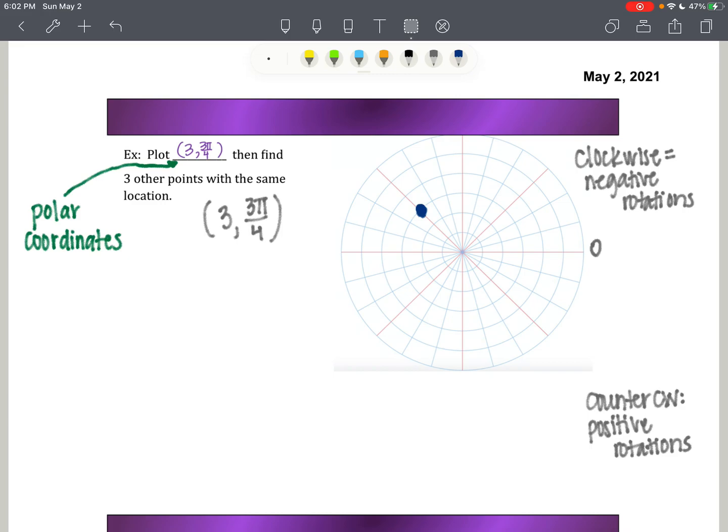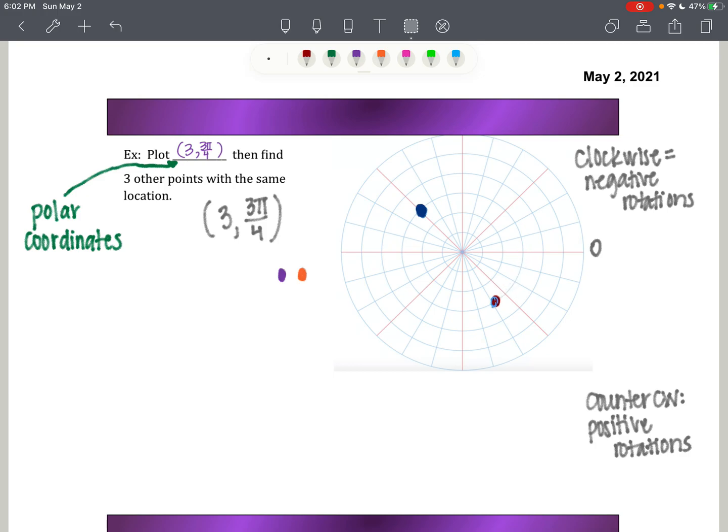Now there's other ways to get to that location. So I'm going to make a couple of different colors. Actually, we'll make 3 different colors for 3 more points. So I could go positive 1, 2, 3 and still have a positive directed distance, but instead of moving counterclockwise, move clockwise.